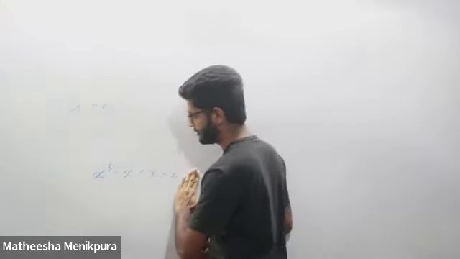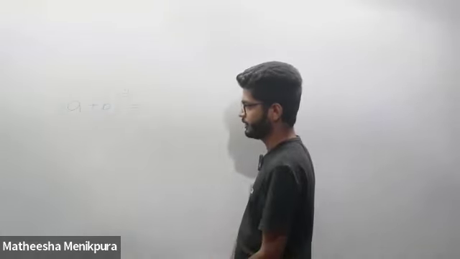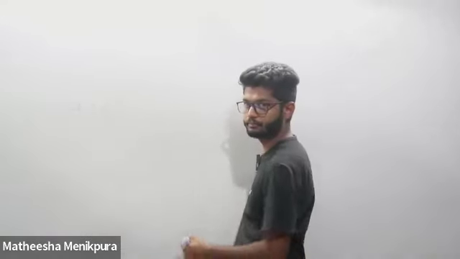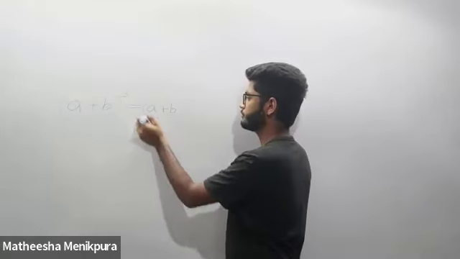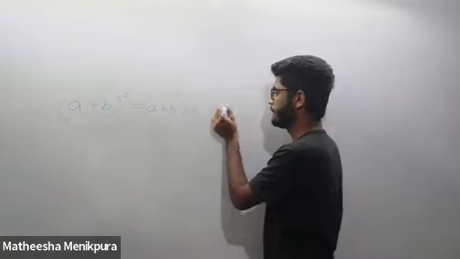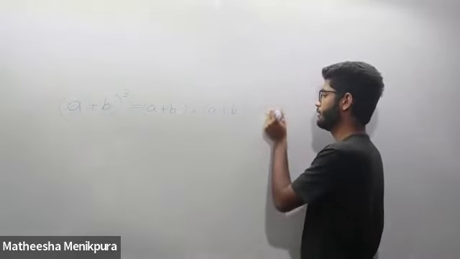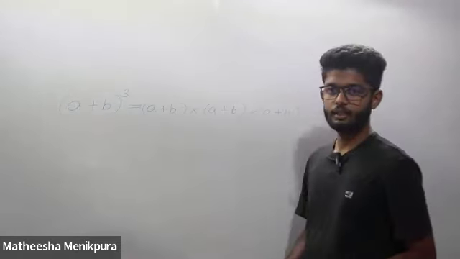So same as x to the power 3, when it comes to (a plus b) whole thing cubed, it should be (a plus b) multiplied by (a plus b) multiplied by (a plus b).